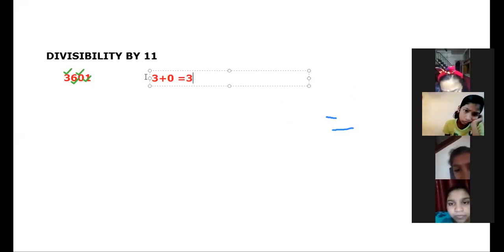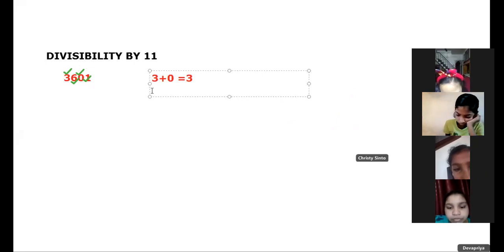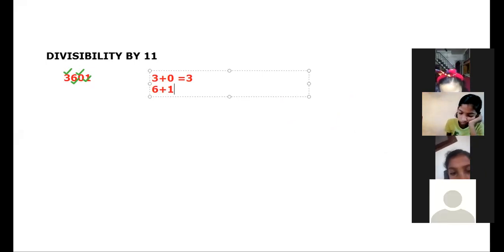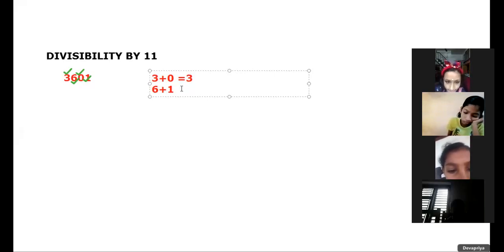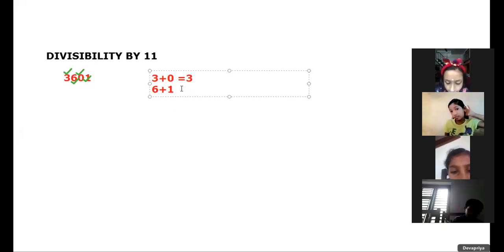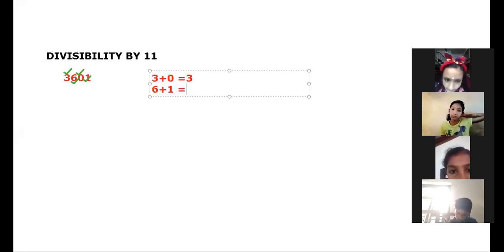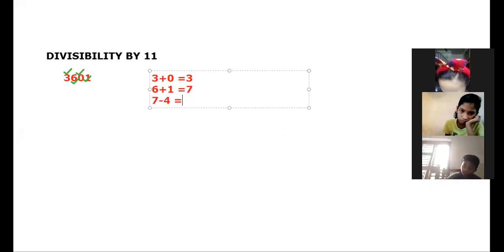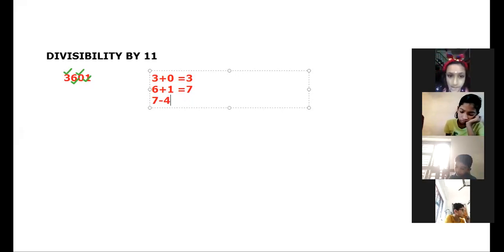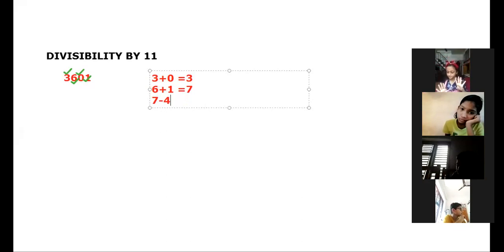The sum of 6 and 1 is 7. Then we get the sums as 3 and 7. Then what about the difference? The difference between 7 and 3, that is 7 minus 3, is equal to 4.